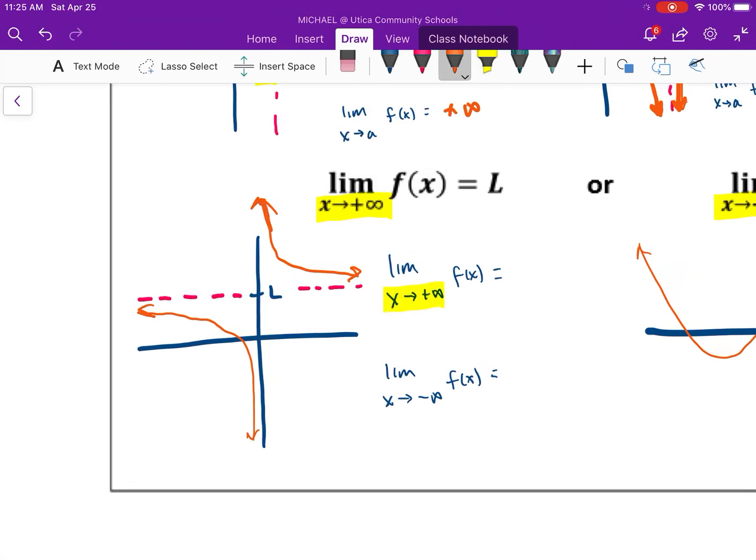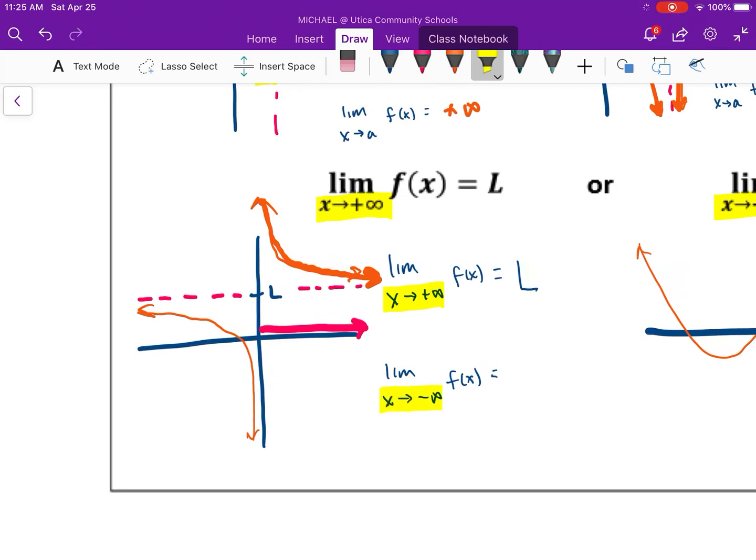That would be, what does the graph do as my x values get larger and larger and larger? So my x value is going this direction, larger and larger and larger. What does the graph do? The graph gets closer and closer and closer to this horizontal asymptote, which in this case is the value L. So again, it never touches L because it's a horizontal asymptote, but those values get closer and closer and closer.